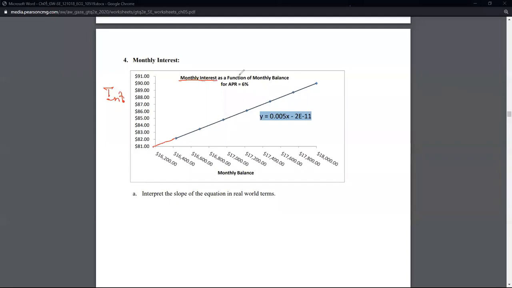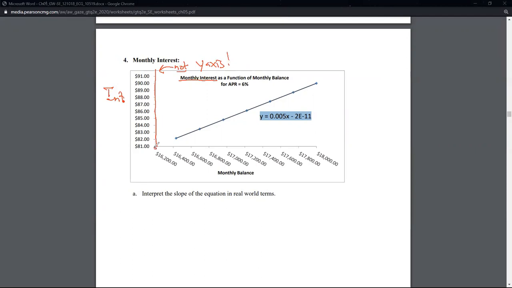It's not doing that. Also, I need to be clear that this line right here is not the y-axis in a traditional sense. It is the labeling of the y values, but it is not the traditional y-axis.